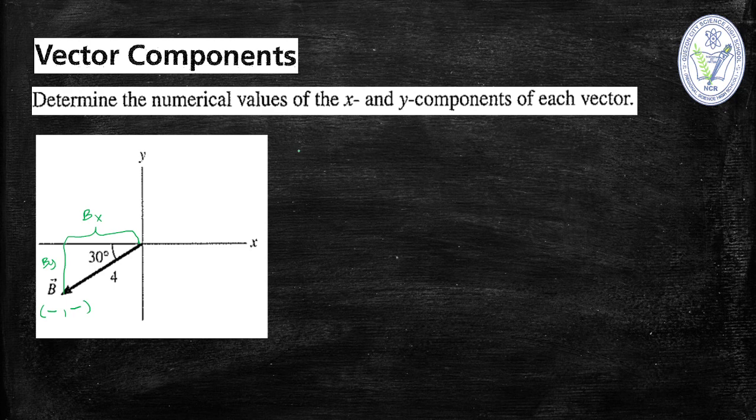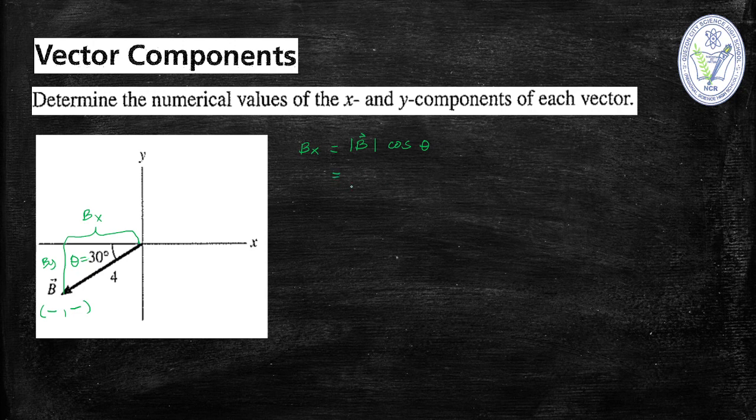So again, bx could be solved as the magnitude of b multiplied by cosine theta, and theta here is 30 degrees.